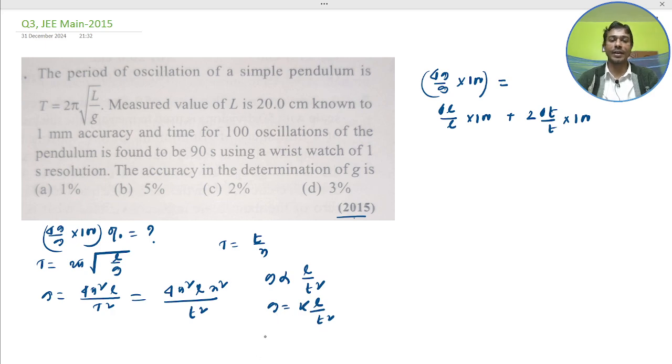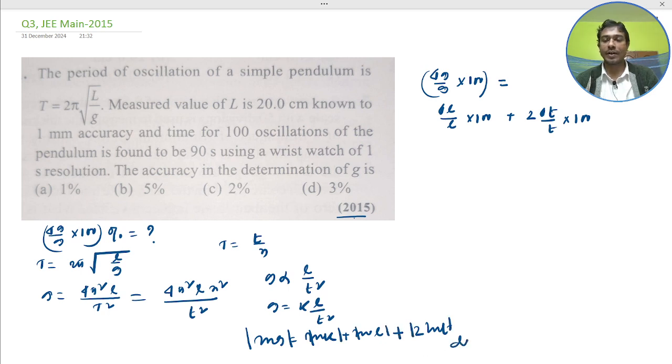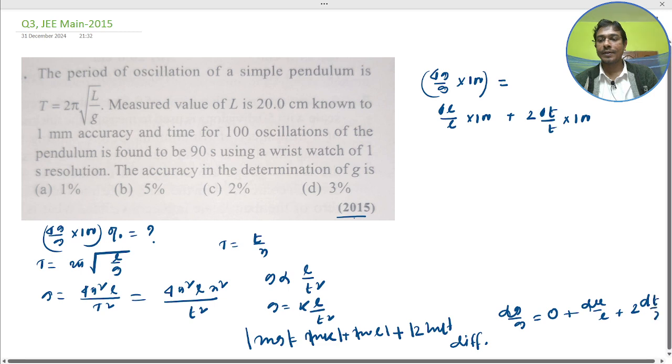Now here just take ln. ln g is equal to ln K plus ln L minus 2 ln T. And for accuracy you have to take the mod, which means this would be positive. So now differentiate both sides: dg by g is equal to, K being a constant, dL by L plus 2 dt by t.